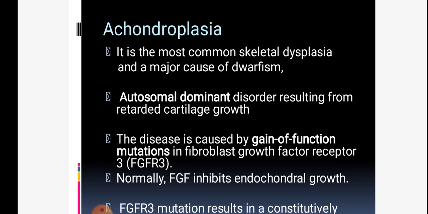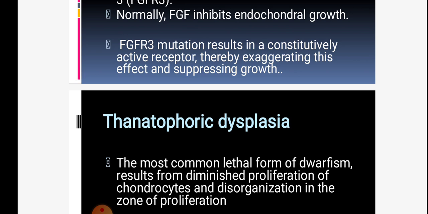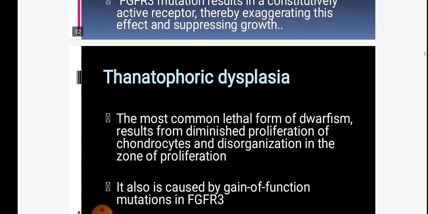Normally fibroblast growth factor inhibits endochondral growth. So FGFR3 mutation results in a constitutively active receptor, thereby exaggerating this effect and suppressing growth.